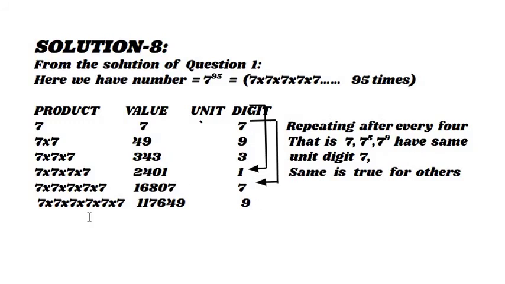Similarly, if you find 7 raised to the power 7, you will find that its unit digit will be 3, because it will repeat 1, 2, 3 and 4. Similarly 7 raised to the power 5 and 7 raised to the power 9 will have the same unit digit 7. Same is the case for others.